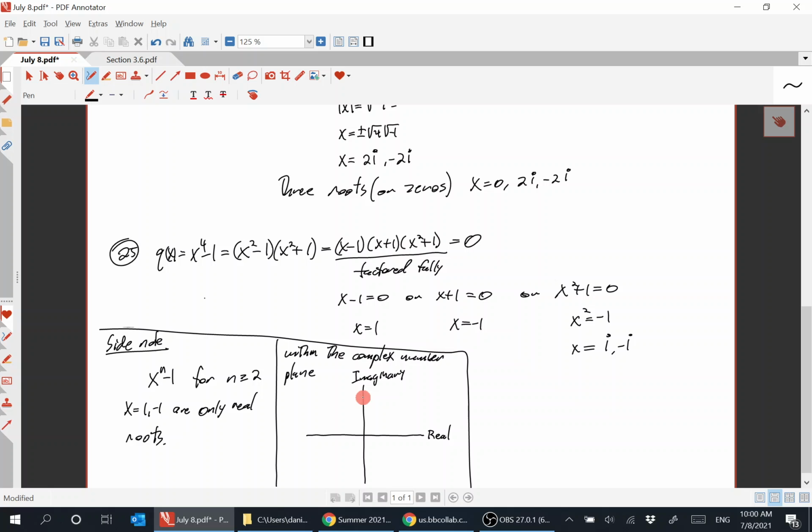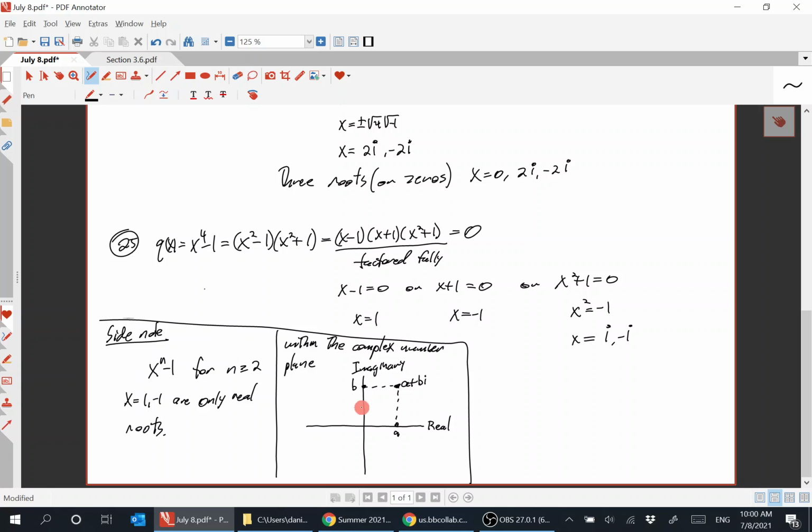And then you put this number a plus bi, like right there. So this is a on the real axis, b on the imaginary axis, and you plot a plus bi right here. And then the roots of x to the n minus 1 are evenly spaced points around this circle.